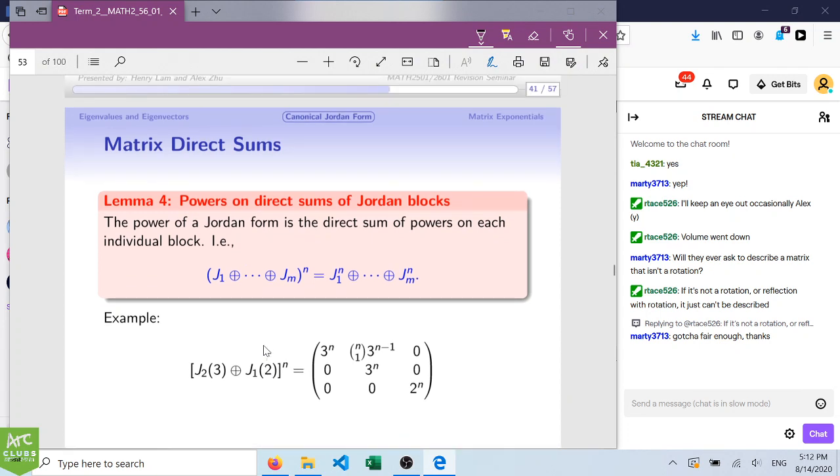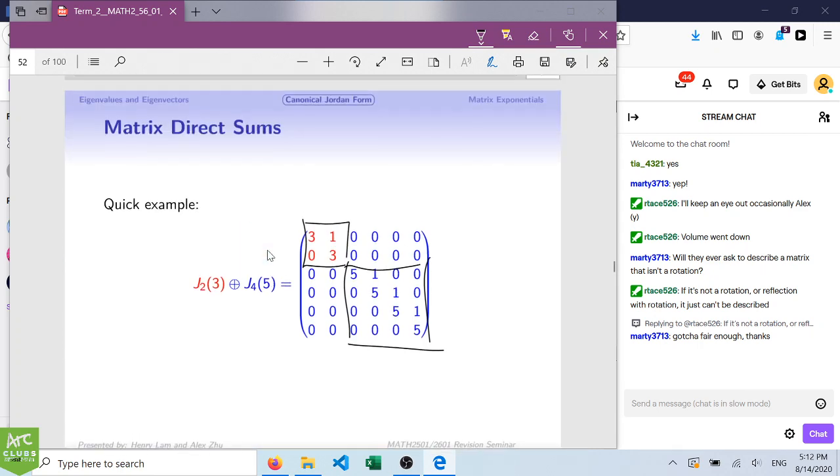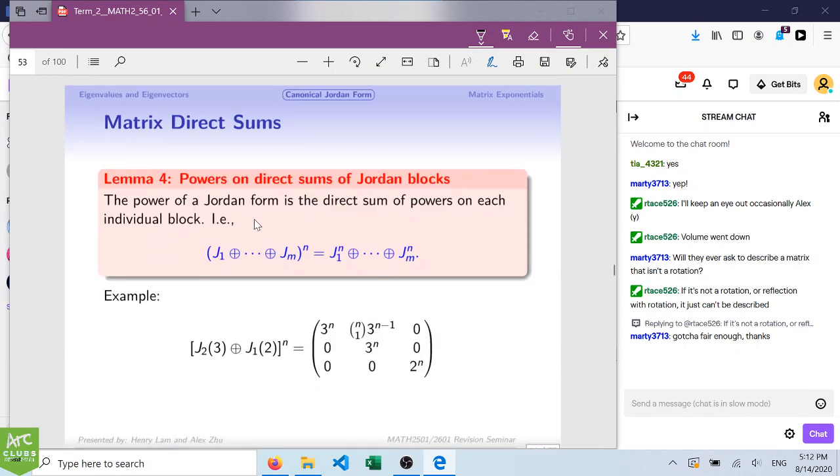There is a lemma that says that if you raise the direct sum of Jordan blocks to a power, you get the direct sum of the powers of each Jordan block.